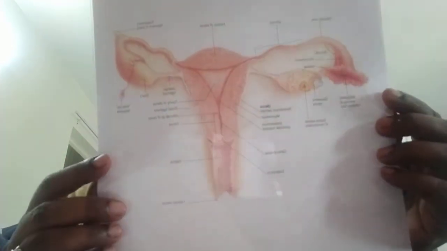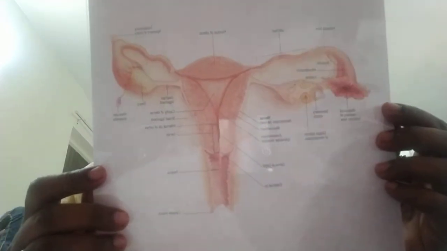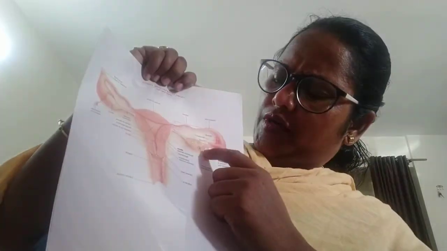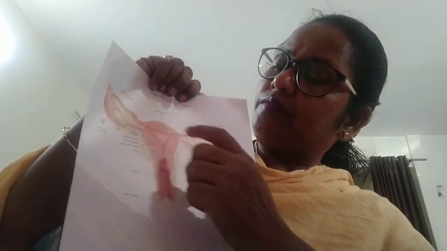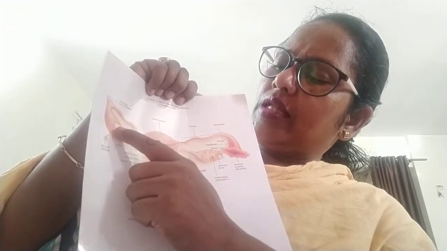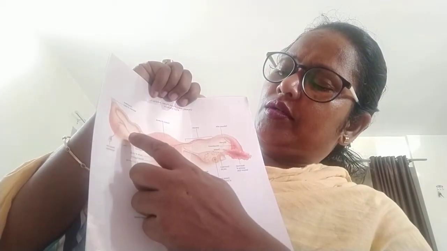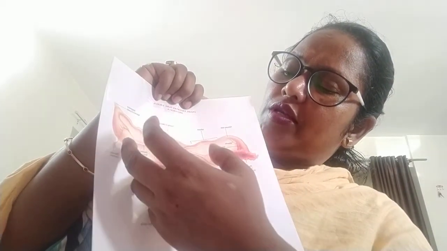Then the functions: transporting the ovum from the ovary to the uterine cavity. You see the ovary here and here. When the ovum comes out, the finger-like projections catch the ovum, and it passes through here.